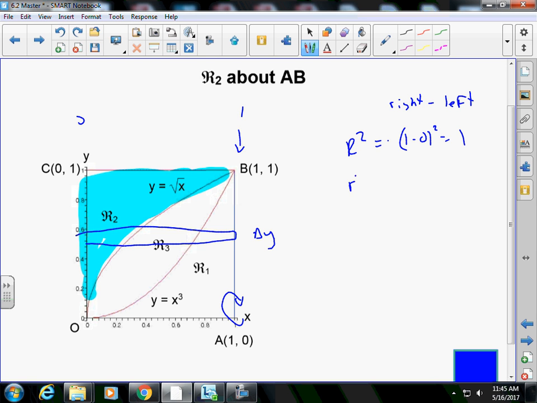My little r squared, again, right subtract left, 1. But I have to remember that y is equal to square root of x. I don't want that. I want x equals, because these are delta y, so I want x equals. So I get y squared is equal to x. So I get 1 subtract y squared, squared, or 1 minus 2y squared plus y to the 4th.